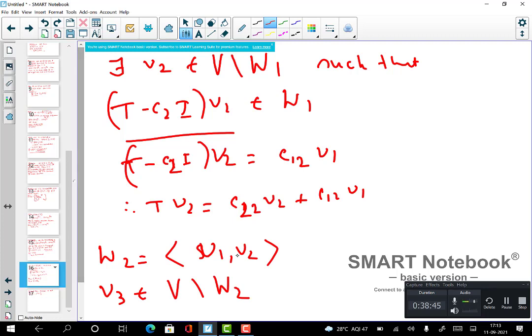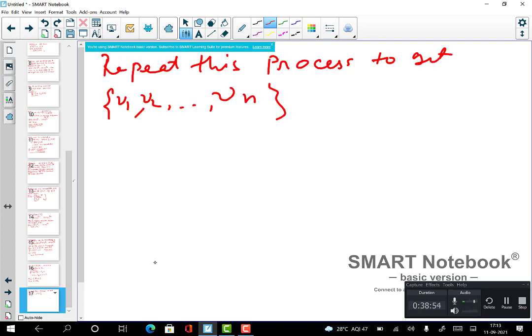Because v2 is not inside the span of v1, v2 cannot be linearly dependent on v1. Similarly v3 also.